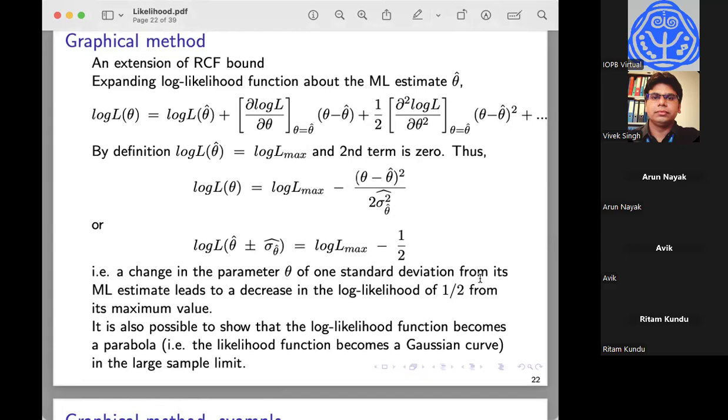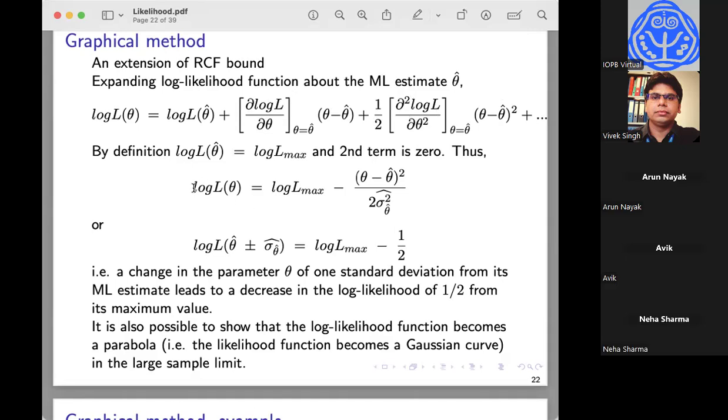If you simply expand this log likelihood function about the ML estimate theta hat, you get log of L theta hat plus the first derivative term, then the second derivative term. Now the first derivative term is the one that maximizes L, right? So at L equal to L max, the first derivative term will be 0. So you will end up with only the second derivative term.